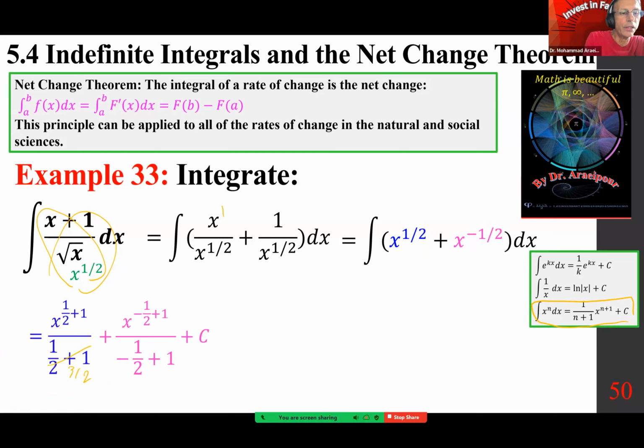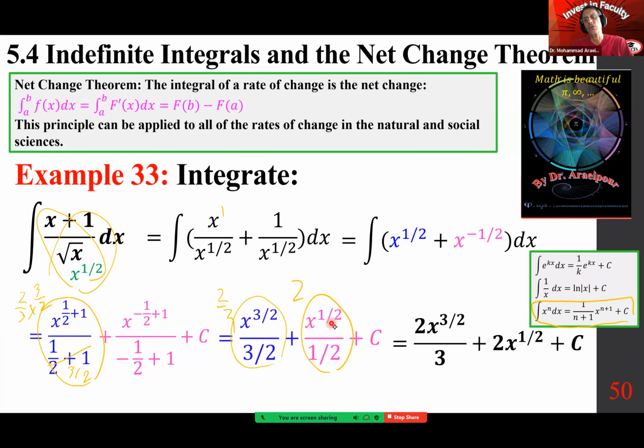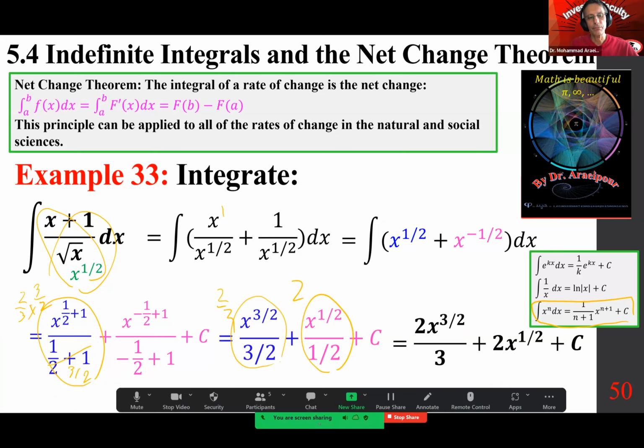So when you divide by 3/2, you get 2/3 x to the power of 3/2. Okay. Negative 1/2 plus 1 is positive 1/2. So this gives you 2/3, and this gives you 2 times, in this case x to the power of 3/2, and in this case x to the power of 1/2, or the square root of x. And that's the final answer.